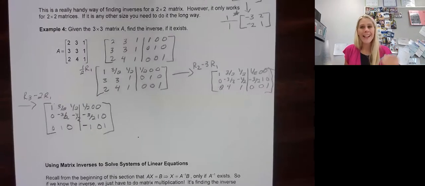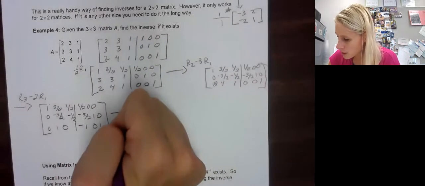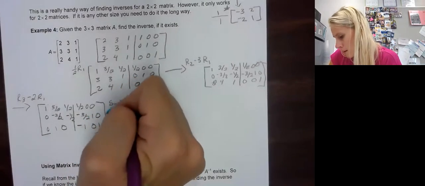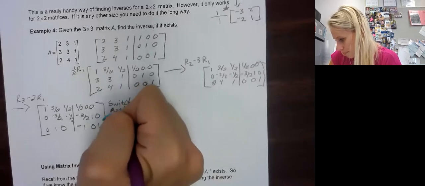You know what I like? I like that third row, but I wish it was in row 2. So why don't I do that? Switch row 2 and row 3.